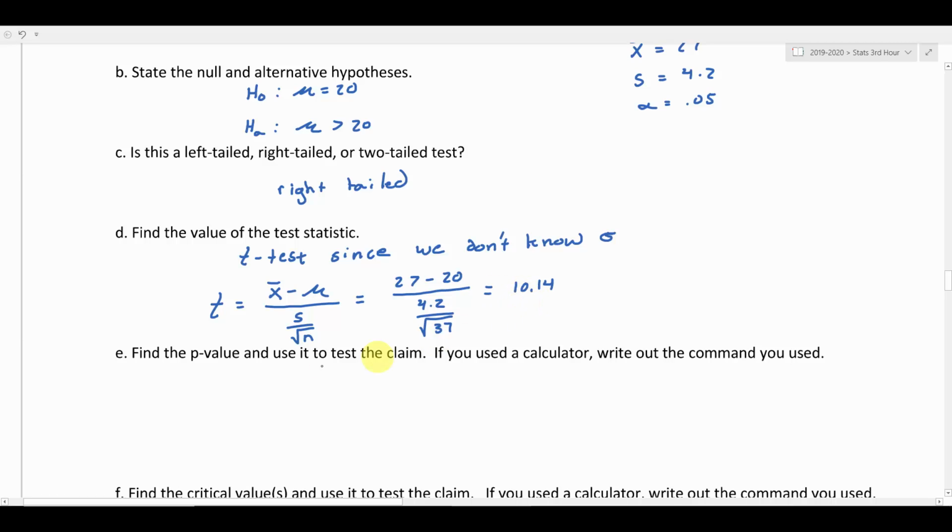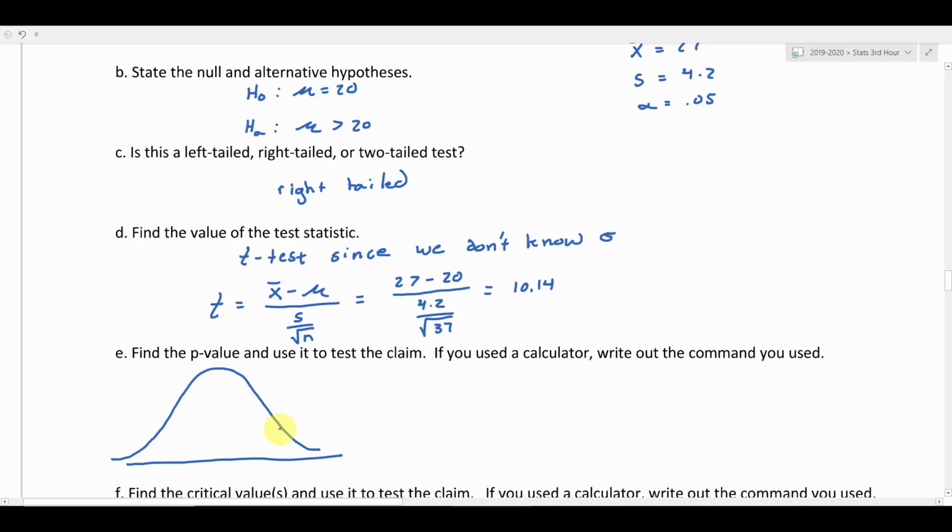All right. So we want to calculate the probability of getting this. That's what our p-value does. And we're going to use a t-distribution to do this. And remember, a t-distribution looks a lot like a normal distribution, but it changes the shape of the curve based on the sample size that you take. So it's going to look like a normal curve when you draw the picture of this thing.